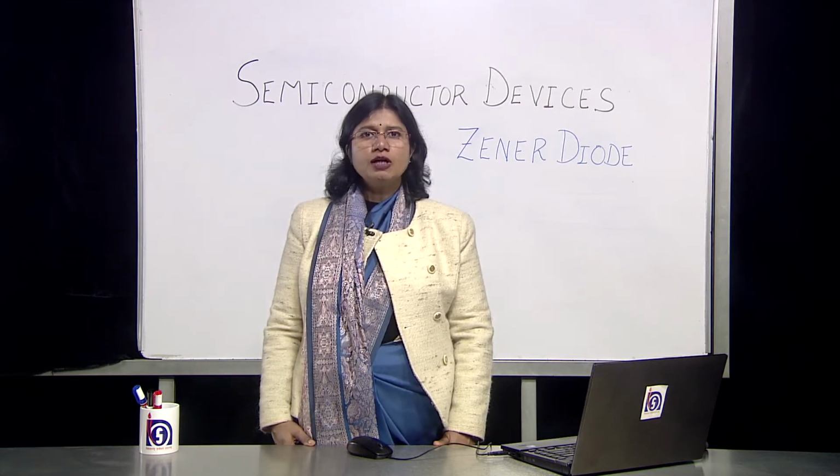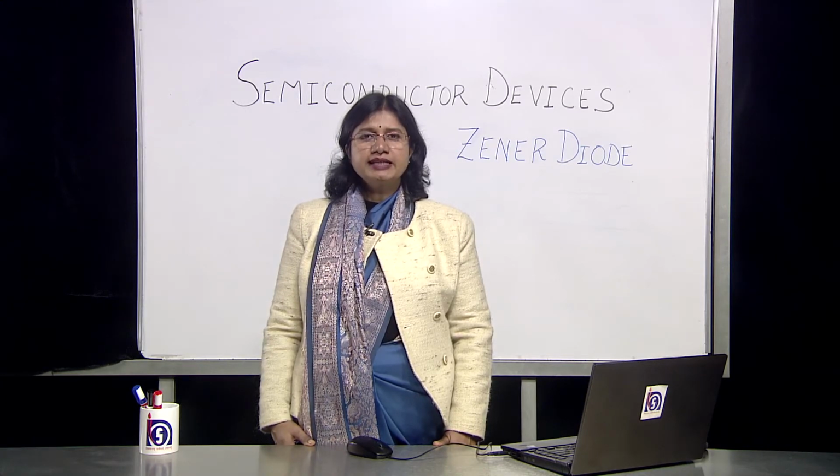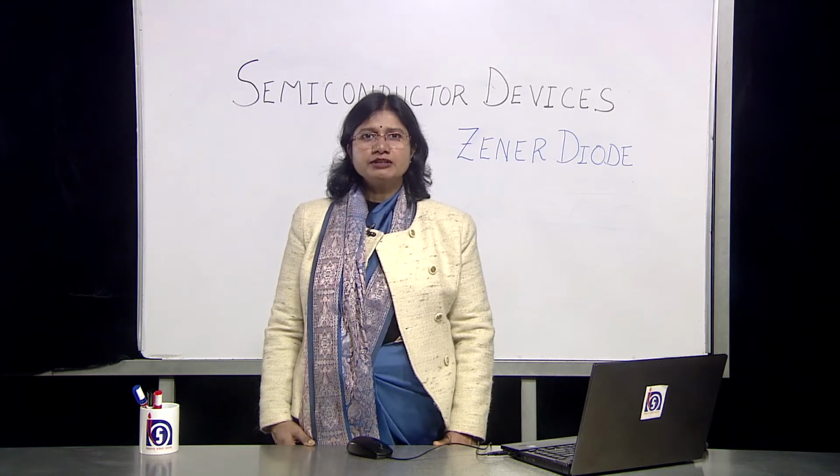You can draw a large amount of current from a Zener diode without any voltage fluctuations. So, as compared to rectifiers, a Zener diode is a much better voltage regulator. We are able to get a regulated power supply from a Zener diode.